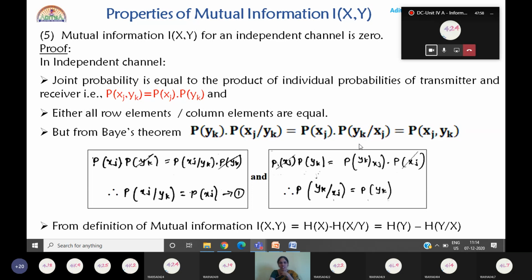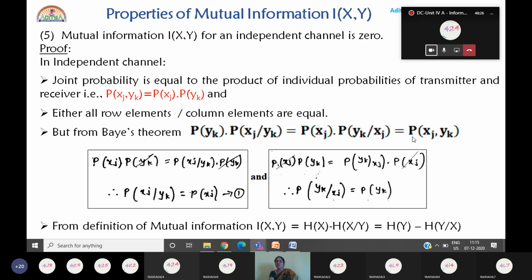So let us make use of this Bayes theorem and relate the conditional probability matrices with the individual marginal probabilities, because here the equation relates joint probability with marginal probabilities. Now using Bayes theorem, let us relate the conditional probabilities with marginal probabilities.